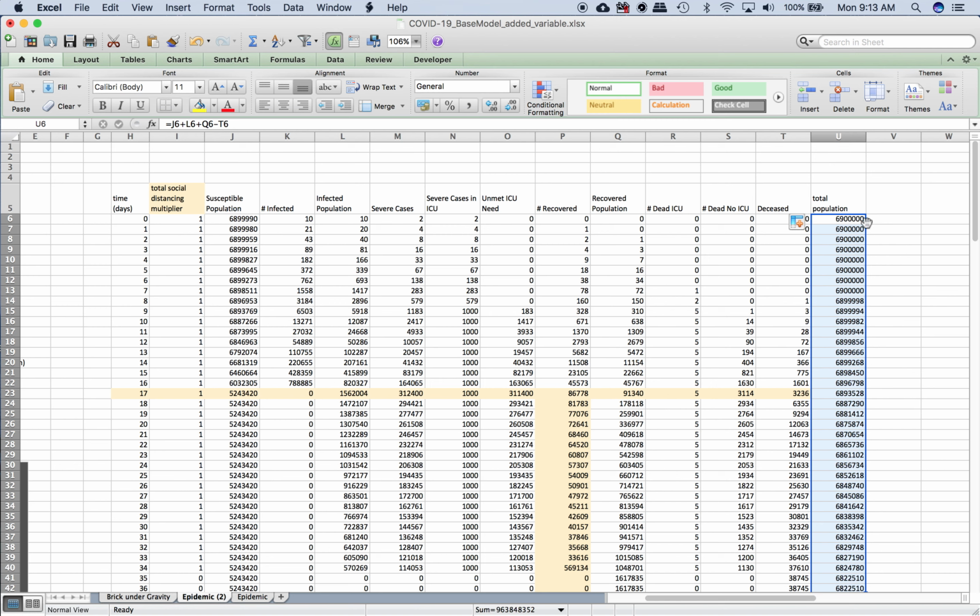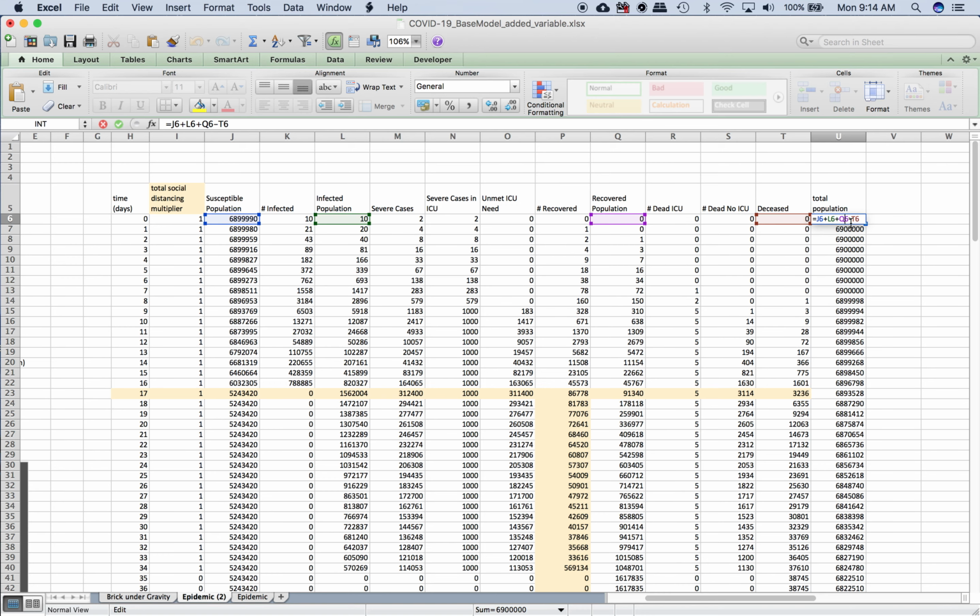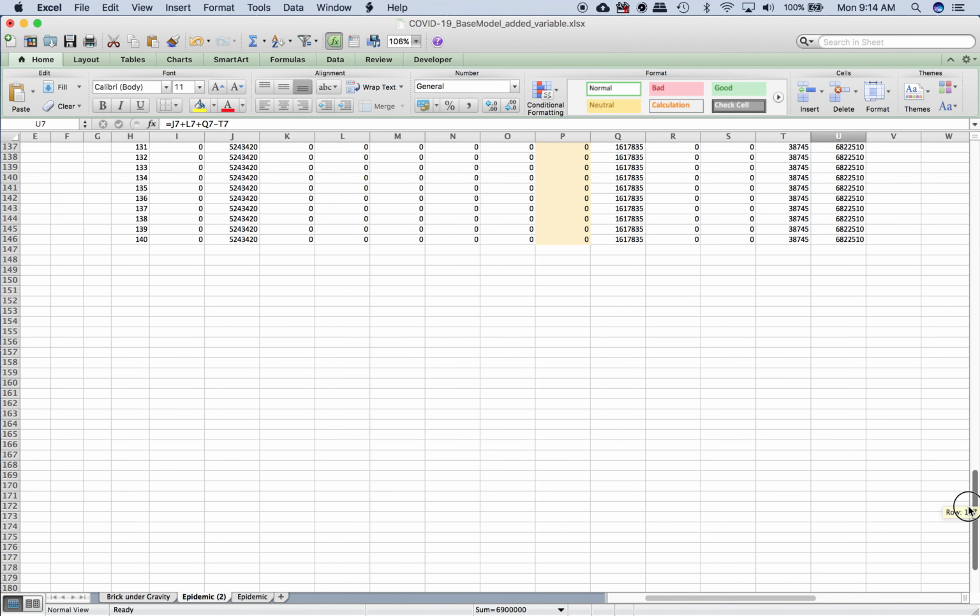Yeah, that makes more sense. As people are still living, they're in the susceptible, infected, or recovered population. If you're deceased, you exit the population. So total population has a minus sign there for deceased. As we scroll down, you see our population has dropped from 6.9 million to 6.8 million, roughly.